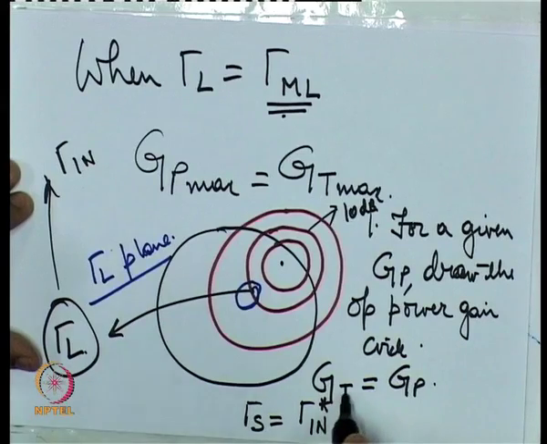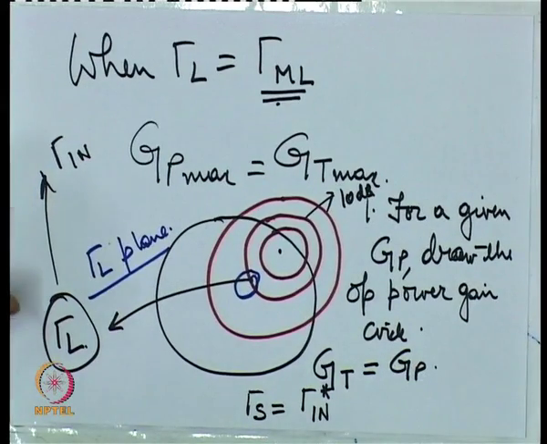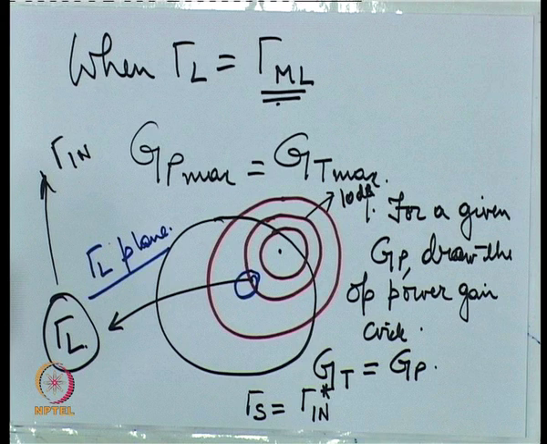This will also ensure that Gt is equal to Gp. Now for the potentially unstable case, let's see how to do the design.